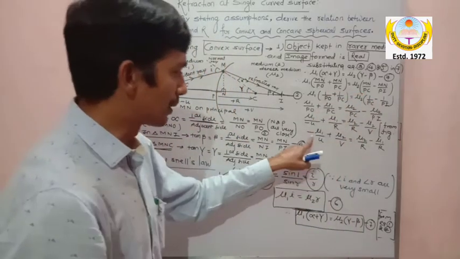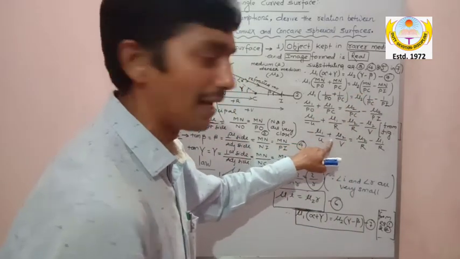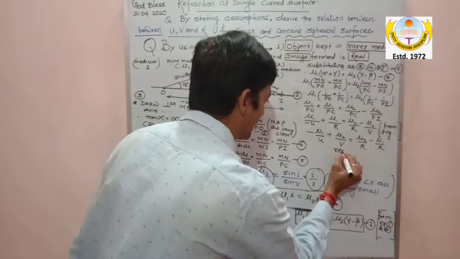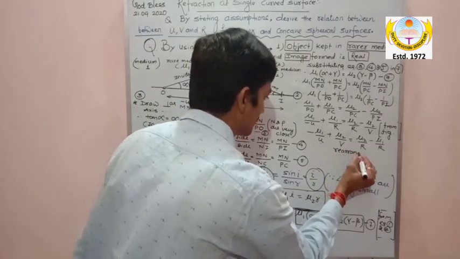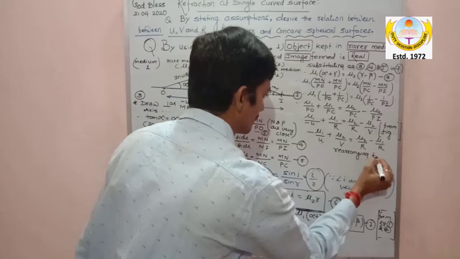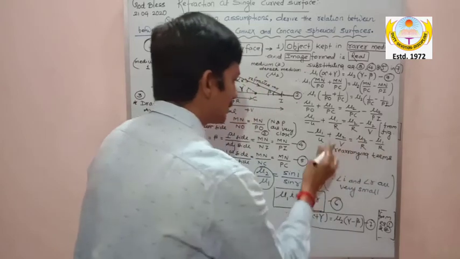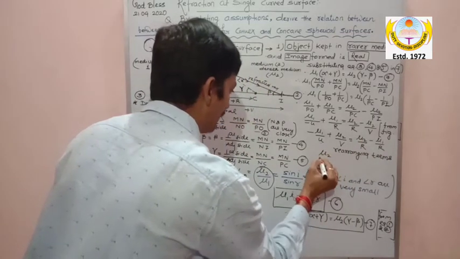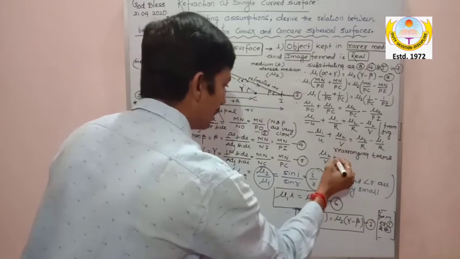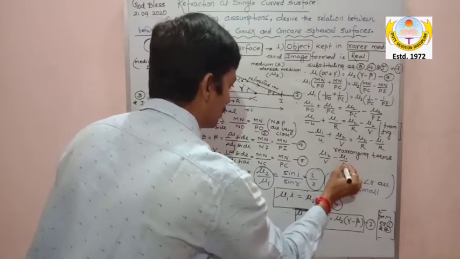Now my dear, you can see here it is minus and here it is plus. So here I will write, rearranging the terms, mu2 upon v minus mu1 upon u.